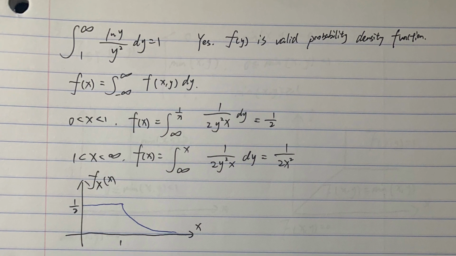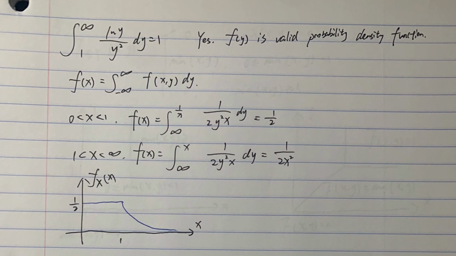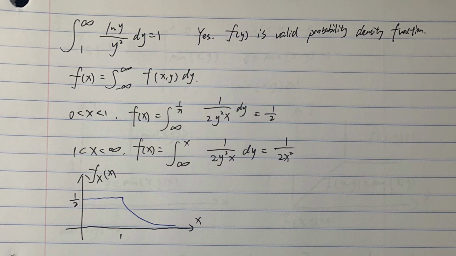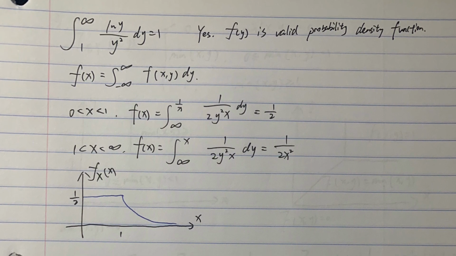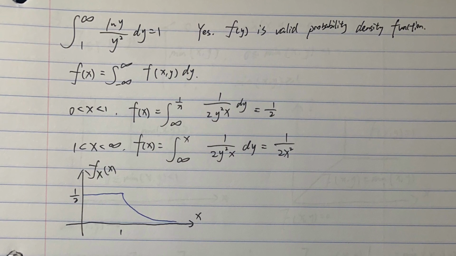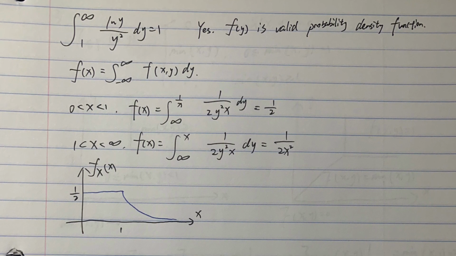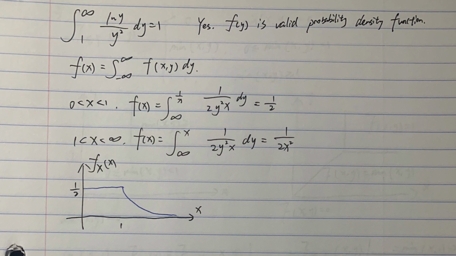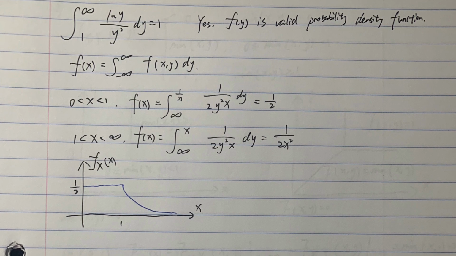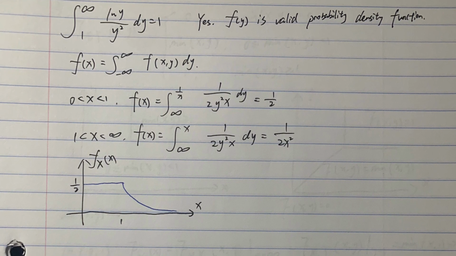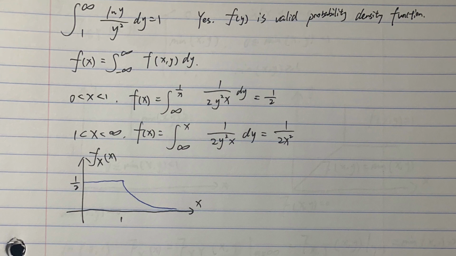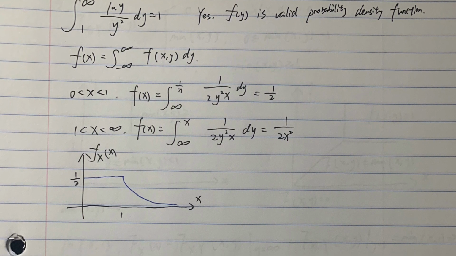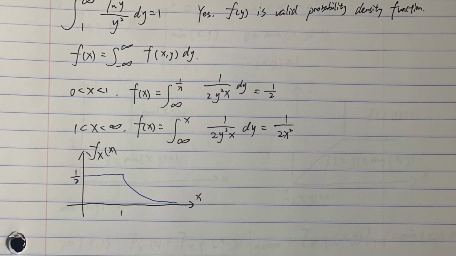There's a slope from 1 that goes to infinity, and then the integral from 1 to infinity of 2 ln y over y squared dy equal to 1. Yes, f_Y is a valid probability density function.